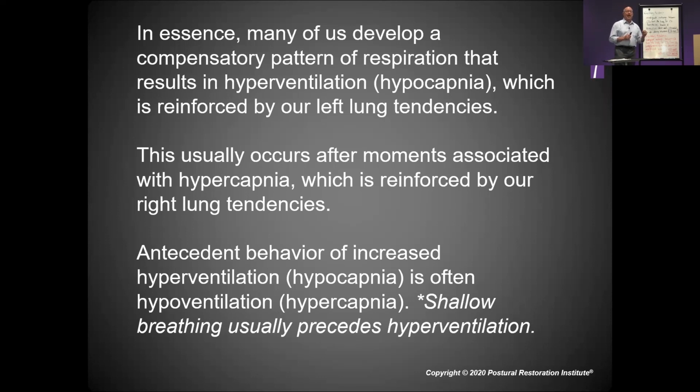Antecedent means behavior before something occurs. Antecedent behavior, increased hyperventilation, hypocapnia, is often hypoventilation, hypercapnia, which is what I just talked about. Jen put this together. She said, in other words, shallow breathing usually precedes hyperventilation.